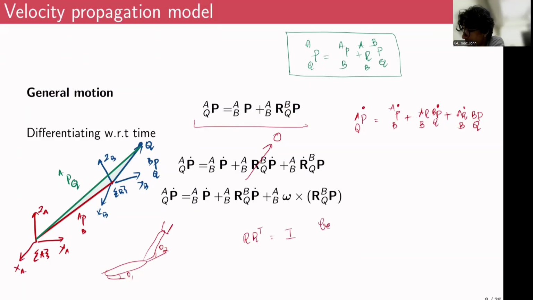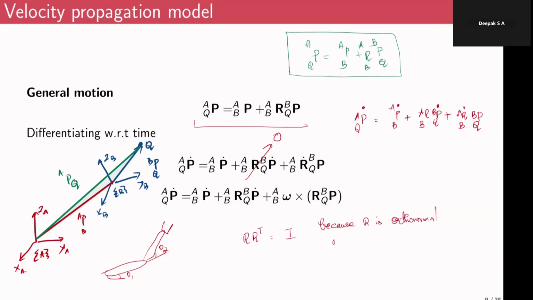Because R is orthonormal and R transpose is equivalent to its inverse. And in that regard, R transpose is nothing but R inverse, which is nothing but this identity matrix, right?